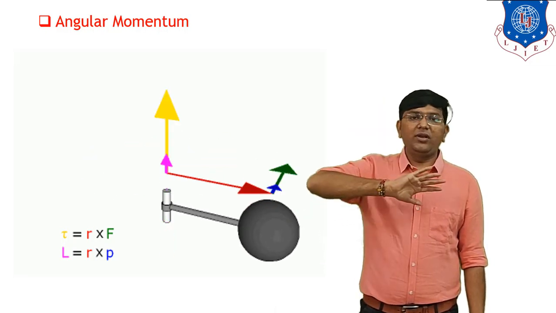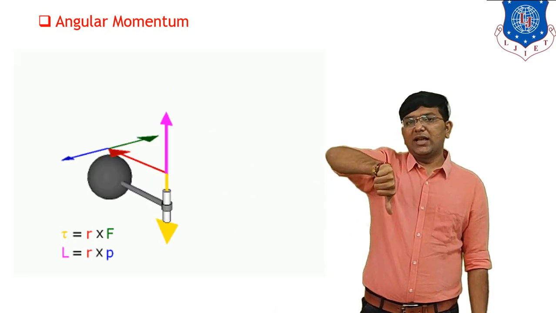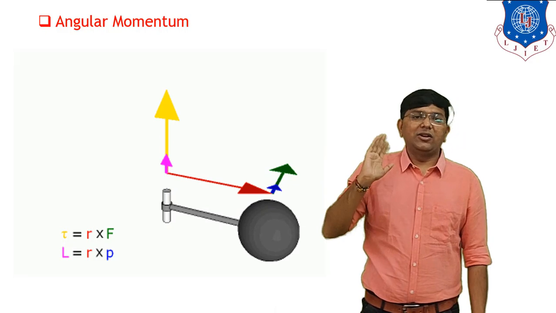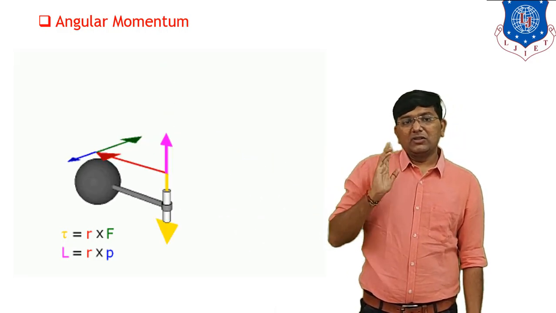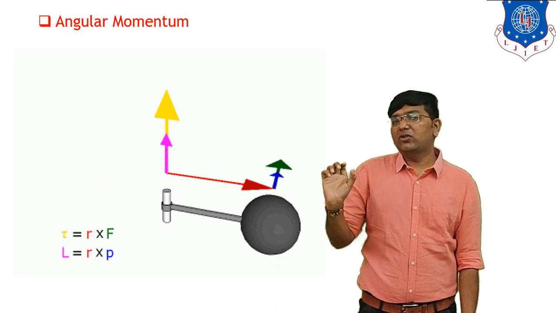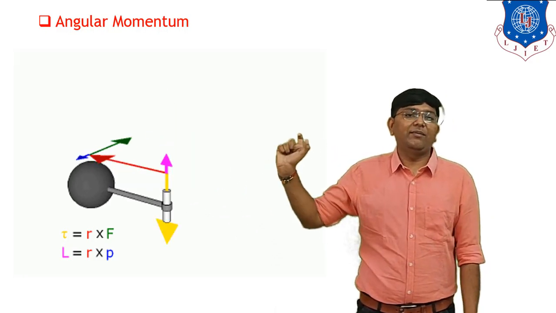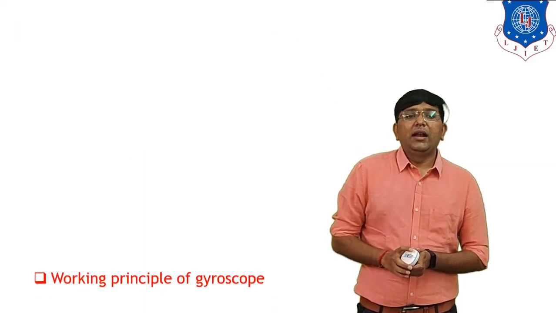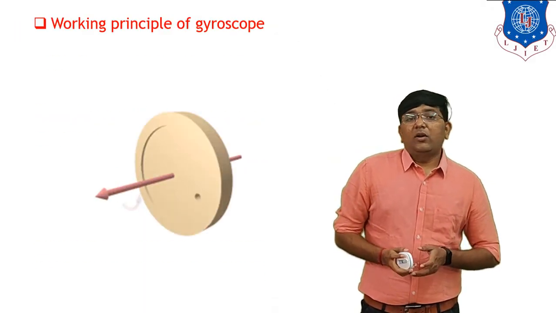If you put your fingers in the anti-clockwise direction, the thumb indicates the direction of angular momentum. So this is the basic concept of the gyroscope. Gyroscope works based on the principle of angular momentum. Now the working principle of gyroscope.